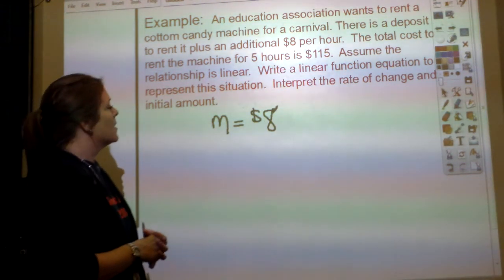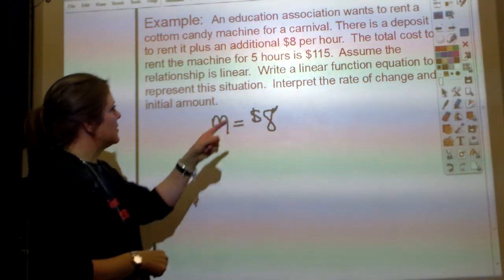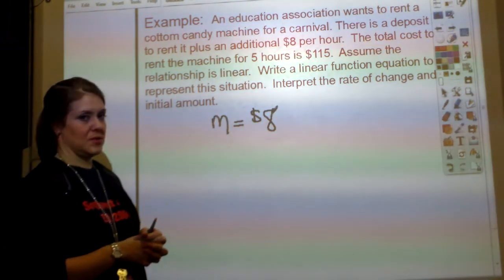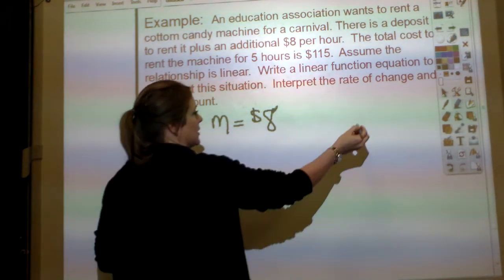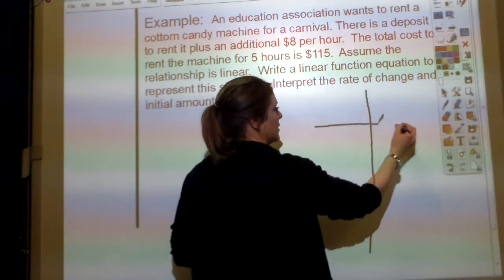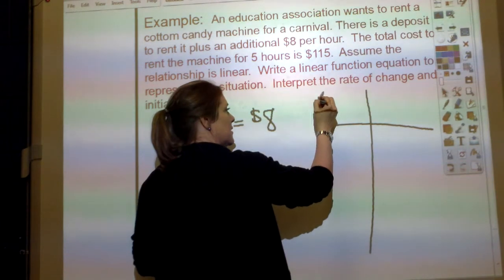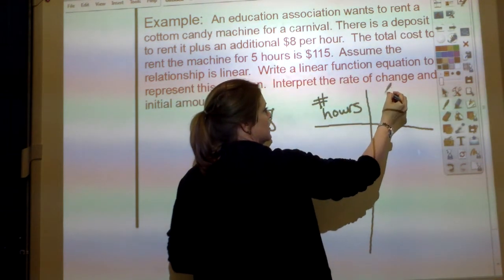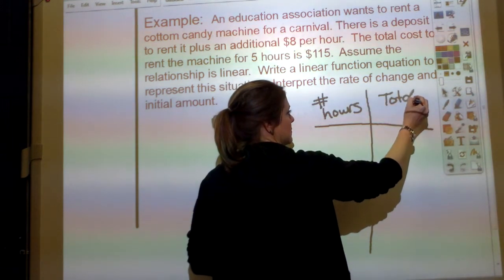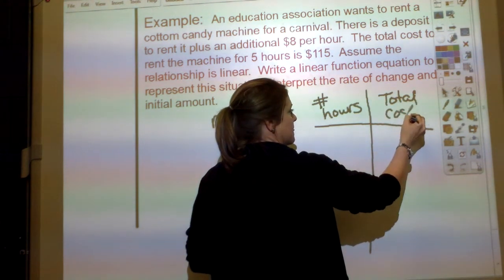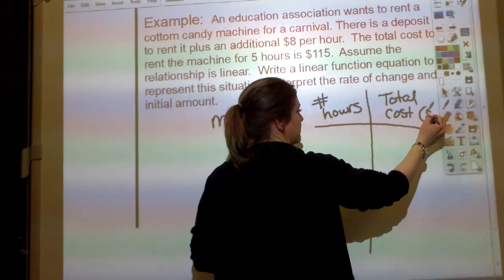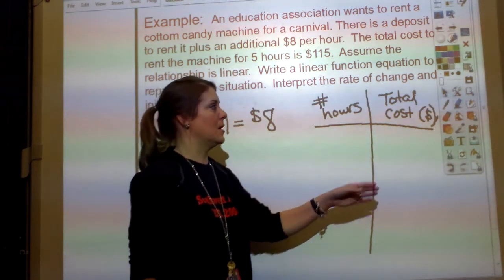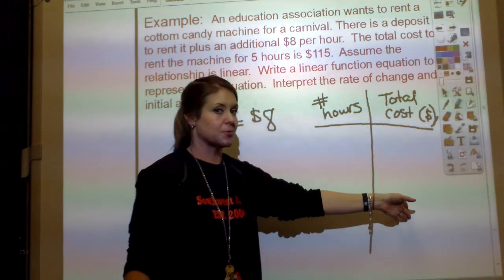Okay. They also tell us that the total cost to rent the machine for 5 hours is $115. So what we're looking at here are two quantities. We're looking at the number of hours, which is going to be your independent, and then the total cost, which is that dollar amount. Remember, we have to know how many hours we're going to rent the machine before we know how much we're going to have to pay.